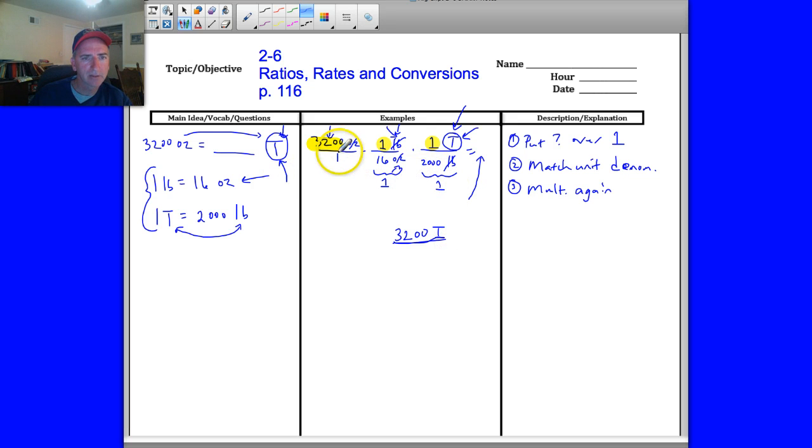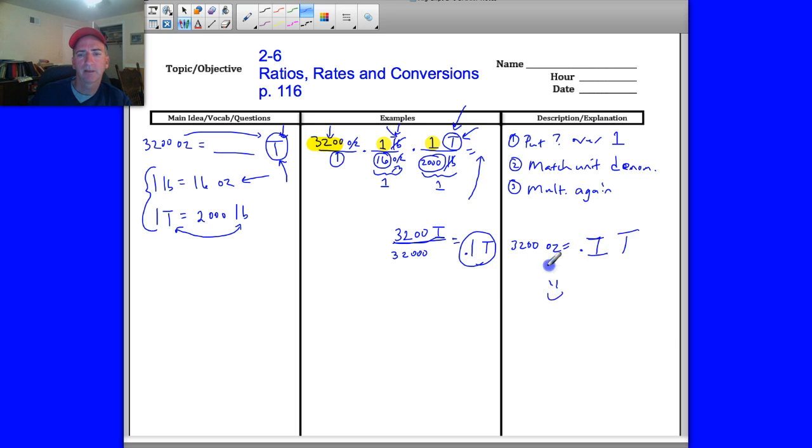And in the bottom, I'll circle, I'm going to multiply 1 times 16 times 2,000. I've multiplied that out for you. That's 32,000. Now you just divide 3,200 by 32,000, and that's equal to 1/10 of a ton. So the answer is 3,200 ounces equals 1/10 of a ton.